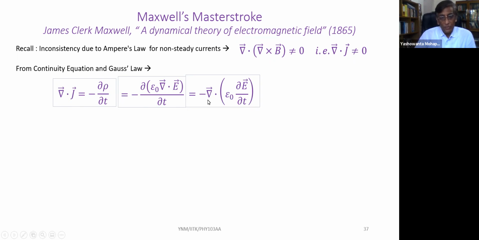Now if I bring this to this side, then divergence of J plus this term becomes 0. So even for non-steady current, this new quantity J plus epsilon naught del E by del t has zero divergence.